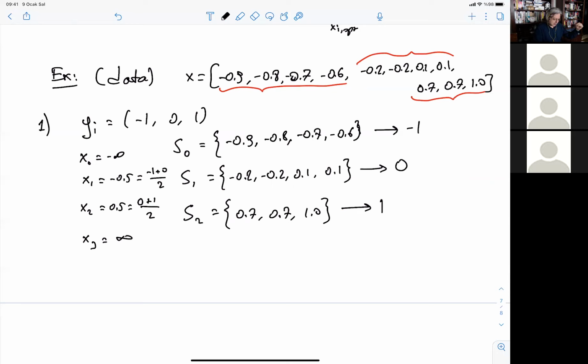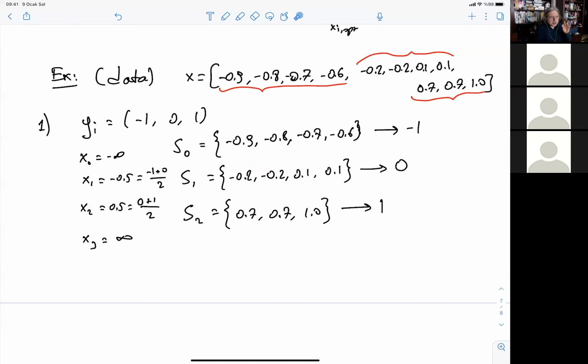From minus infinity to minus 0.5 is one region, and these belong to that region. Or this range is between minus 0.5 and plus 0.5, so these belong to the second set. But we don't really use these terms, x0, x1, x2, and x3, while making clusters.